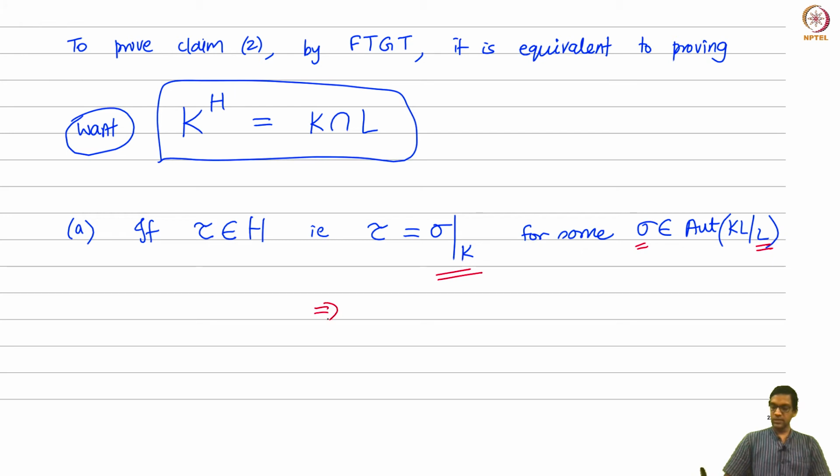This means that tau on K intersection L is just the identity map, because sigma on L was the identity map. This means that tau fixes K intersection L pointwise.